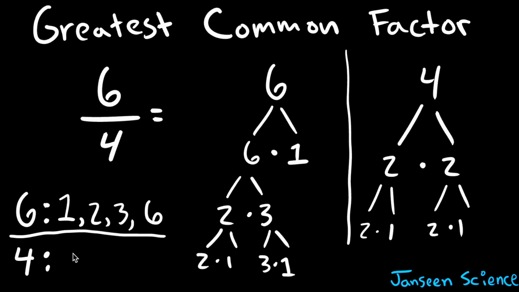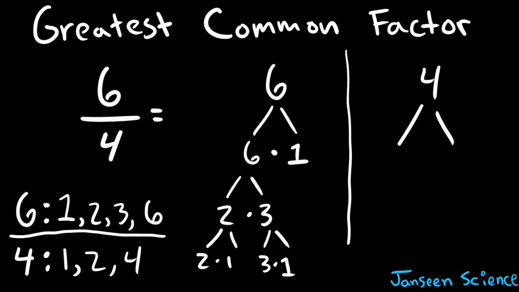And then we'll write down 1, 2, and 4, because we could have started with 1 times 4 or 4 times 1. Let me show you. Erase all this. So 4 times 1 gives us 4, and then 2 times 2 equals 4, and 2 and 2 are prime numbers, so we'll just stop there, and I'll write 4 there.